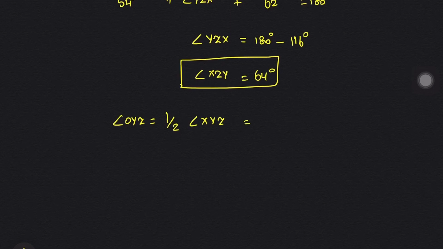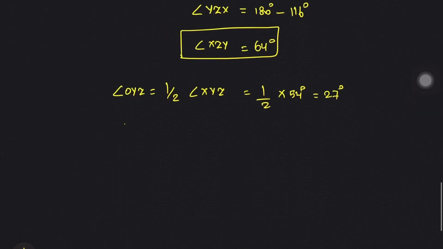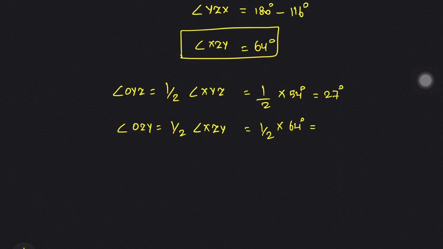That means 1 by 2 multiplied by the given value 54, so the value is 27 degrees. And angle OZY is equal to half of the value of XZY or YZX, both are the same. So 1 by 2 multiplied by 64 degrees. Then the final value is 32 degrees.